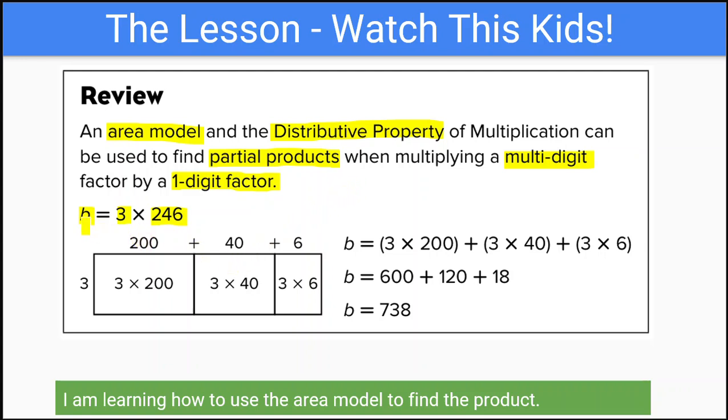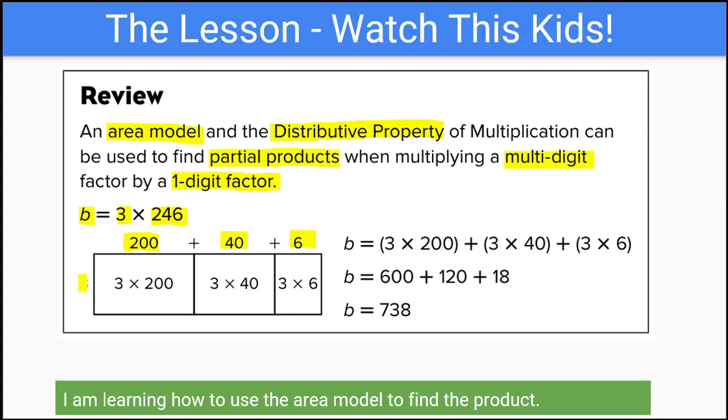All right, so they say b equals 3 times 246. Well, they decomposed the 246 into 200 plus 40 plus 6. That's 246, right?